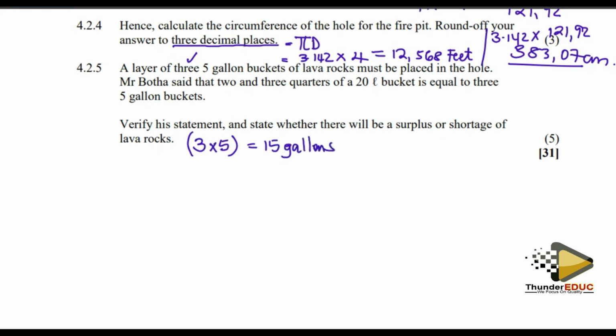Are equivalent. That's what he says. Are equivalent to 2.75 of a 20 liter. So now take note. These are liters. These are gallons. So they have to have the same what? Measurement. So we shall look for the gallons, change them to liters.